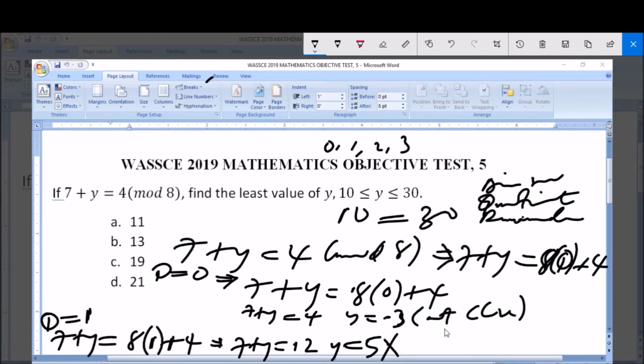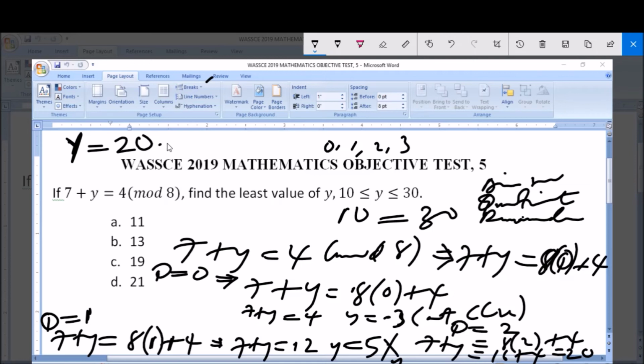Now let's make our q 2. The quotient is now 2. So we have 7 plus y equals 8 into 2 plus 4. 8 into 2 is 16, plus 4, that's 20.